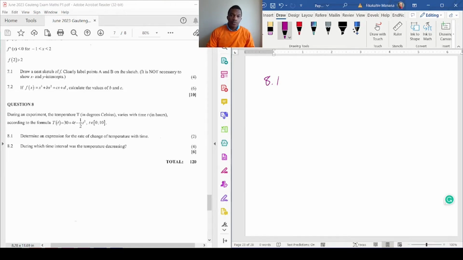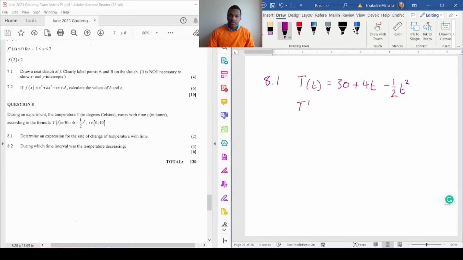So T, temperature in terms of time, is given by 30 plus 4t minus a half t squared. Now, let's get the first derivative.